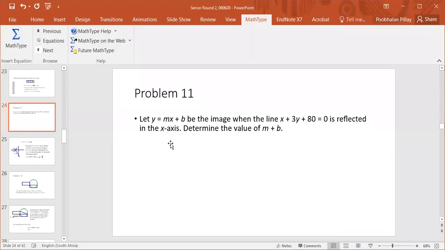Determine the value of m plus b. This is a problem on graphs. There is a geometrical picture about this, and there is a graph, and there's a straight line.